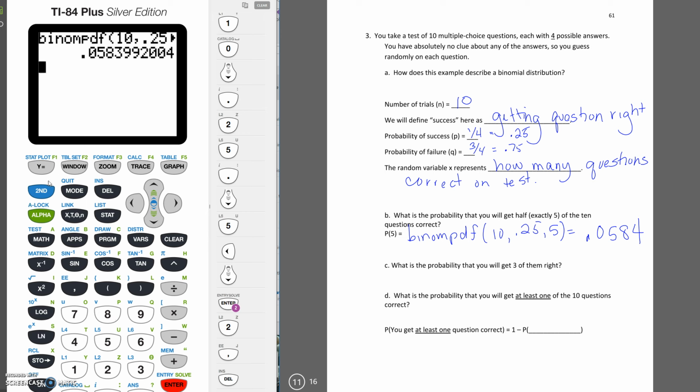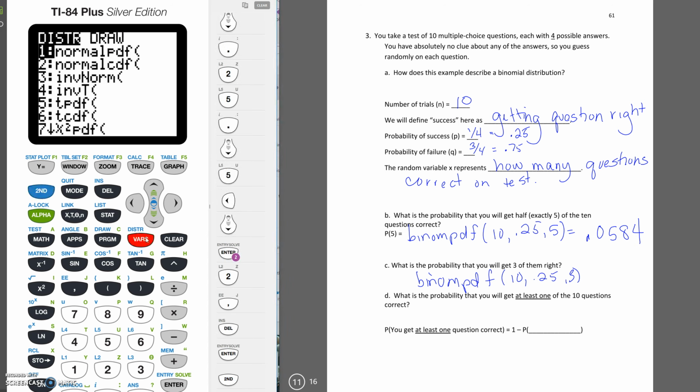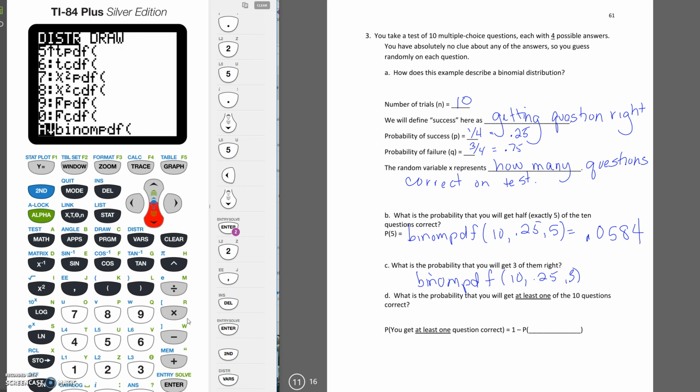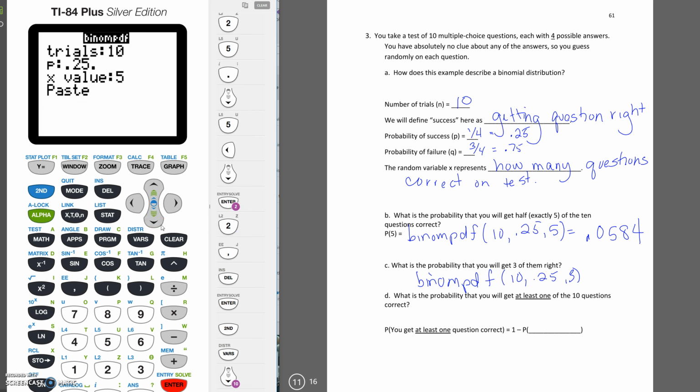So getting 3 of them right, we're going to do binom PDF. Still 10 questions. Your probability of getting it right is 0.25. And now our x is 3. The only thing we have to change here is our x value.